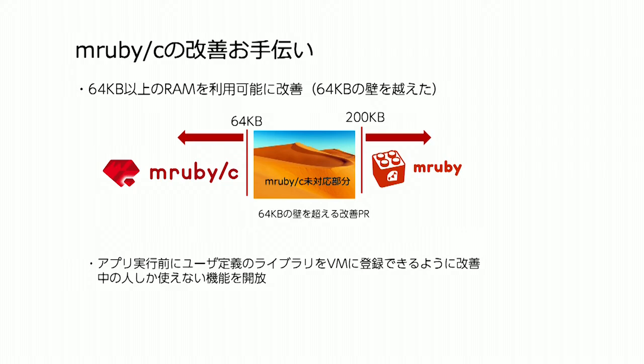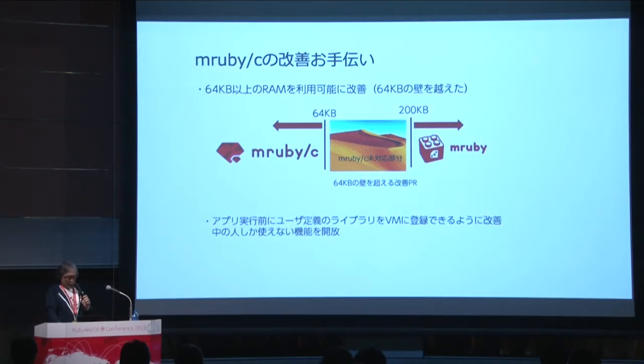Between 64 KB and 200 KB, Ruby cannot be used. So I requested to eliminate this limit, and also that, prior to the use of the applications, user-defined library can be registered to VM. That is another improvement.